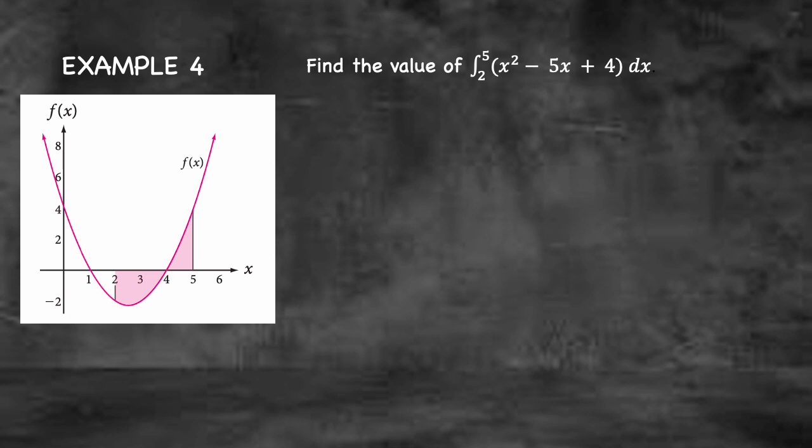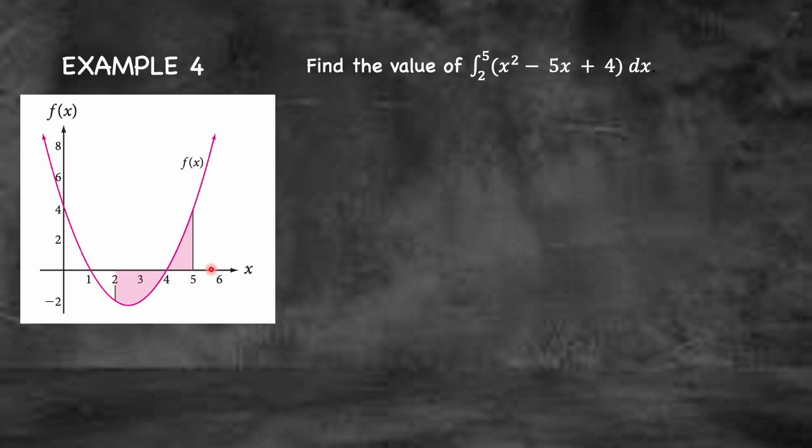In example 4, we're going to find the value of the integral from 2 to 5 of the function x squared minus 5x plus 4. And we know that it's 2 to 5 because we have a lower limit of 2 and an upper limit of 5. So that means we're looking at this interval from 2 to 5.